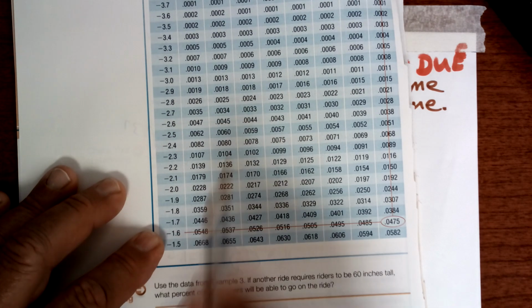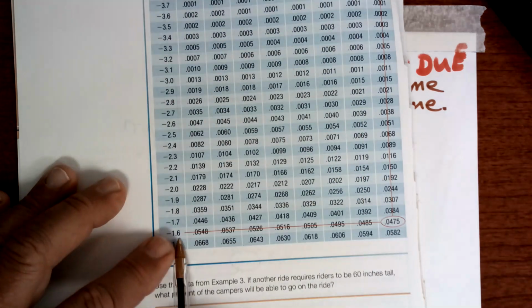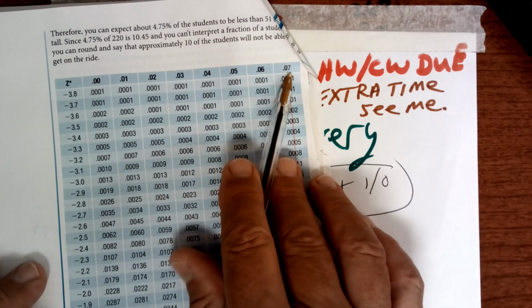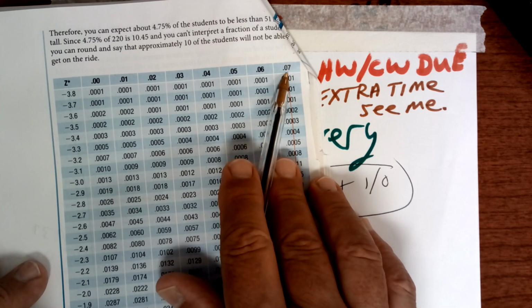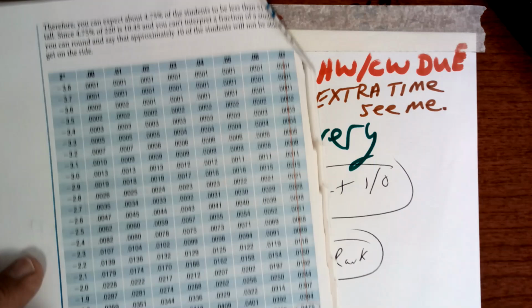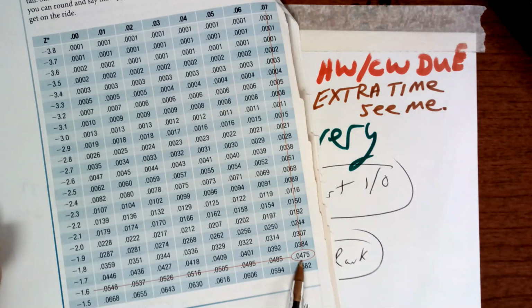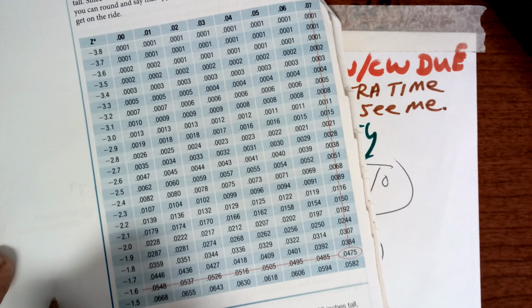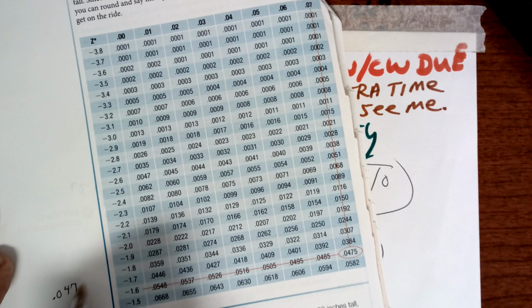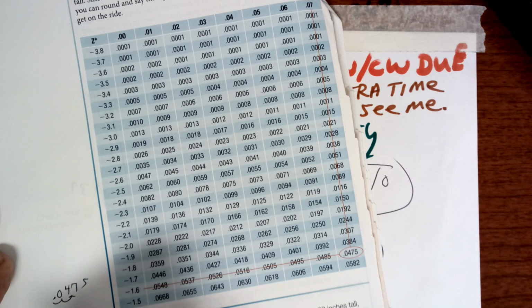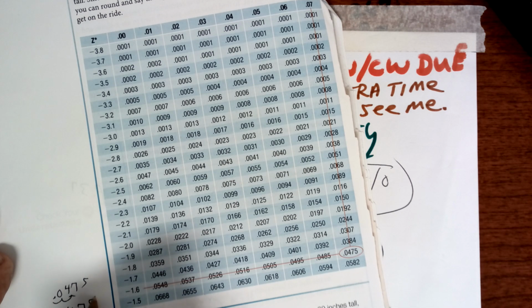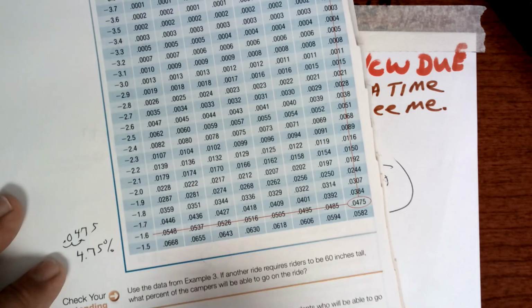Then they took the 0.07, the back part of the number, and where they meet gives you this. You move the decimal 2 places to the right to make it a percentage. So 4.75% of the people scored lower than that person. Okay? And that's how you use this chart.